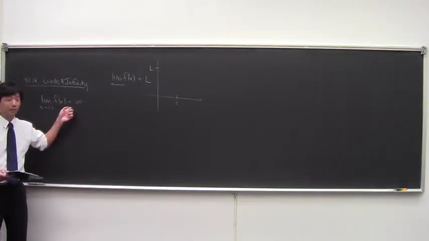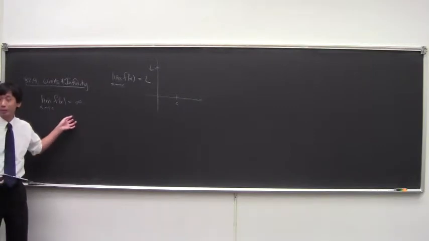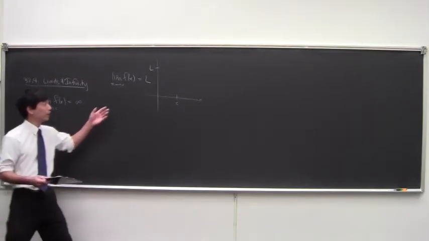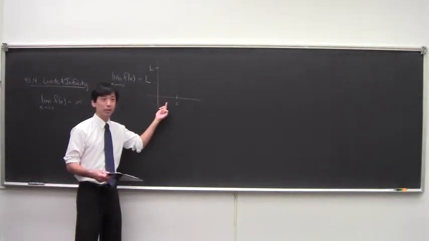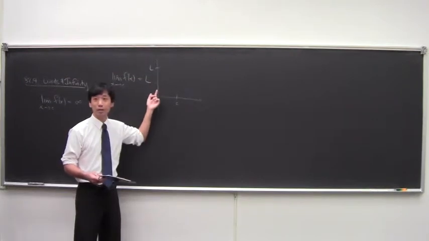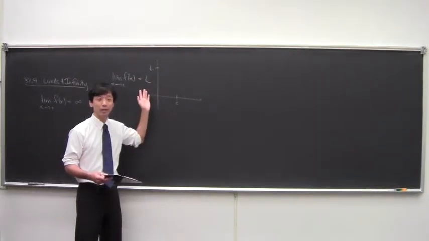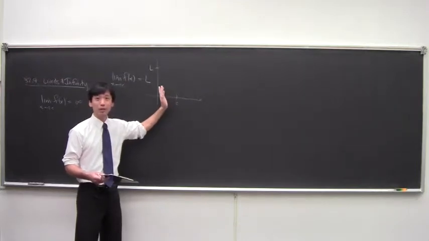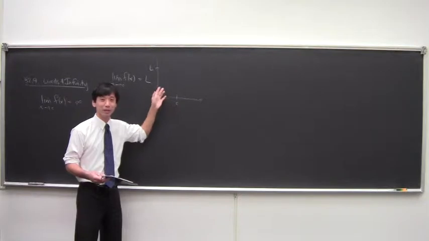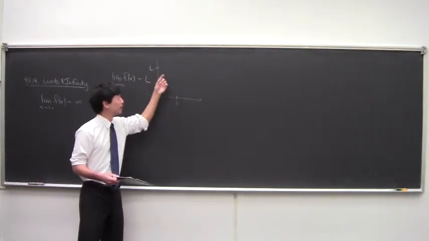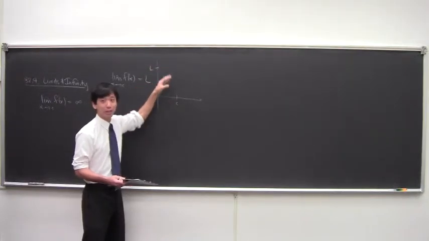The definition would be, so there's a couple of ways you can think about an idea. One is just roughly, for example, here, as your inputs get closer to c, your outputs get closer to L. That's the layman's description of a limit. And then we have the professional description of a limit, which is, for every epsilon greater than 0, there's a delta, so that if you have this thing around here, then blah blah blah.